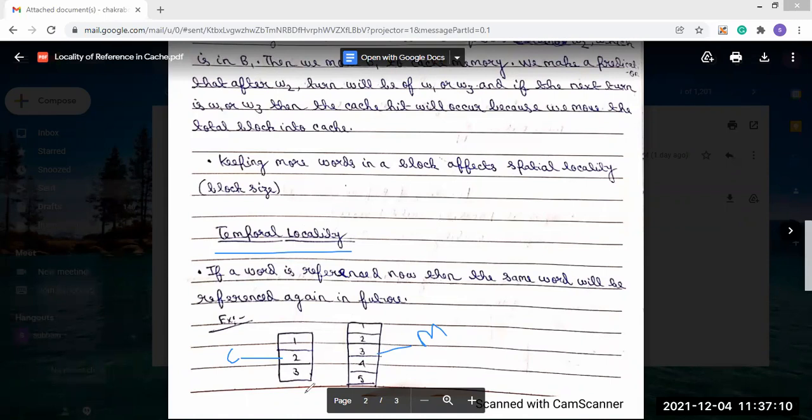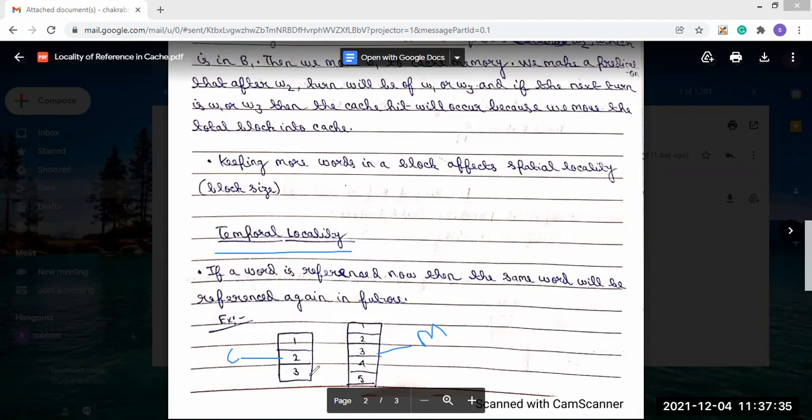Now let's say the CPU generates an address which requires block 4. How will the cache accommodate that block 4, because block 4 is not present here? So the CPU generates the address and checks: is block 4 present?